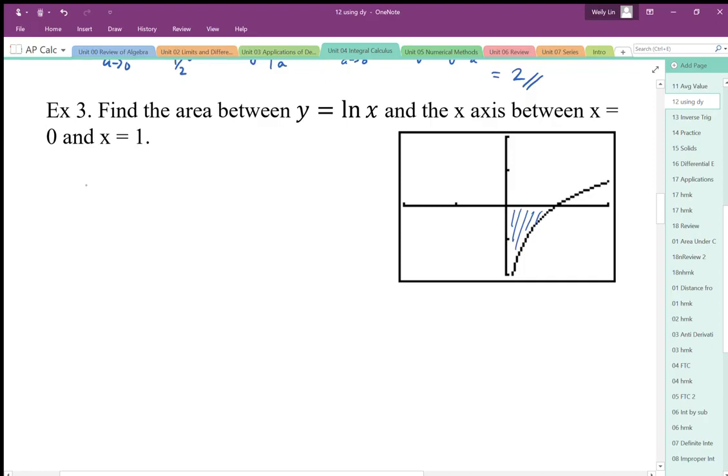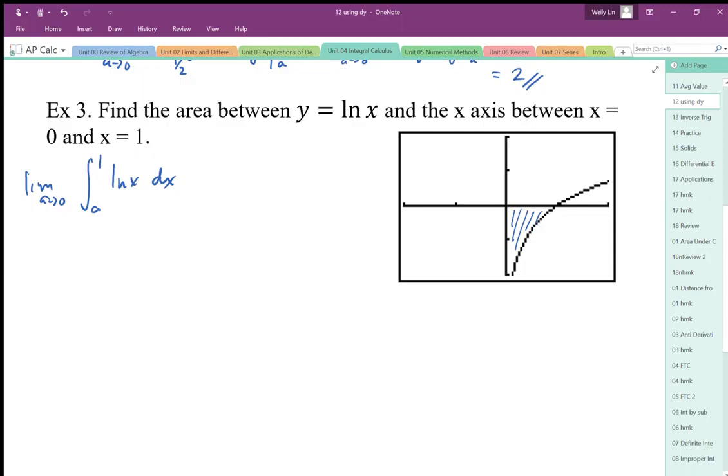But if I set up this integral from 0 to 1, the limit as a goes to 0 of the integral from a to 1, well, I've got a big problem here because I cannot anti-differentiate log x. You could always look it up, I suppose, but we don't have a way to anti-differentiate log x.